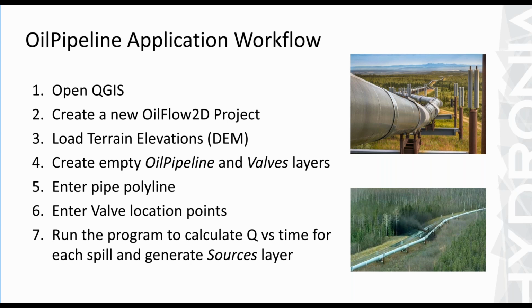You open QGIS, you create a new OilFlow2D project, you load the terrain elevations, you create an empty oil pipeline and valves layer, you enter the pipe polyline, you enter the valve location if any, and you run the program to calculate discharge versus time for each spill. And that will generate the sources layer.